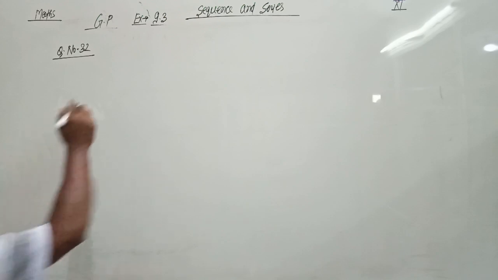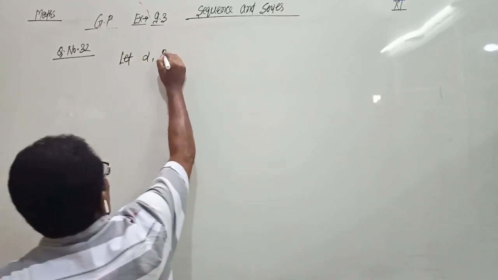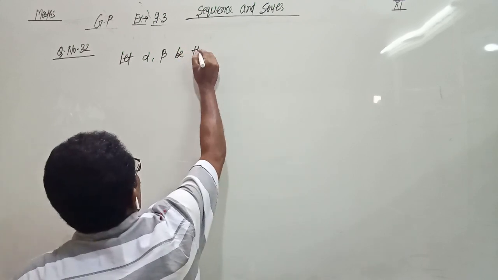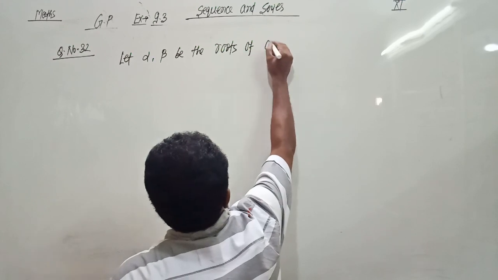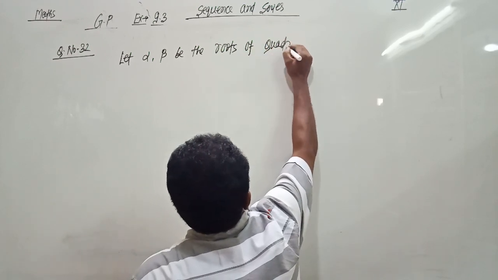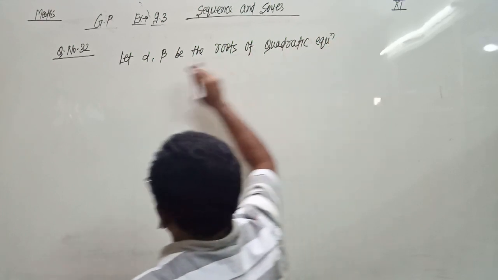Let alpha, beta be the roots of the quadratic equation.